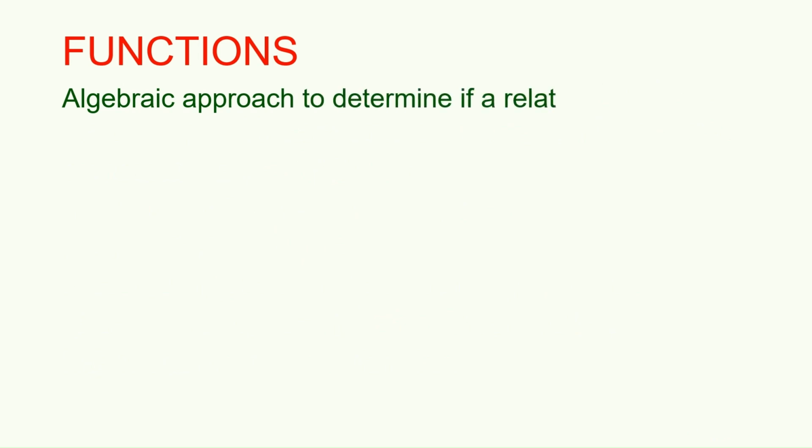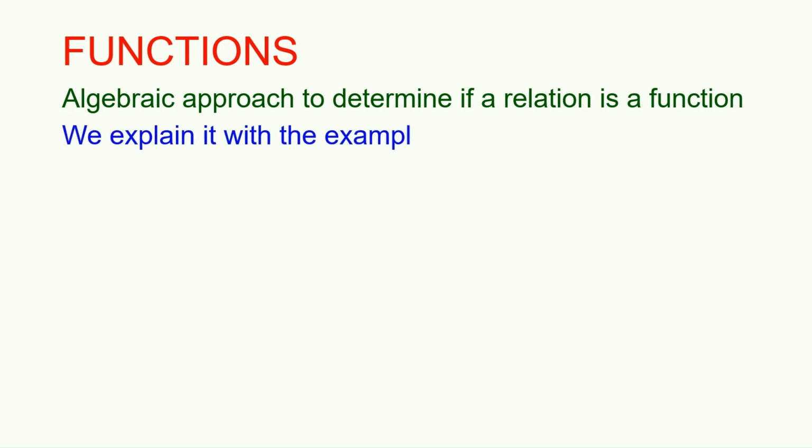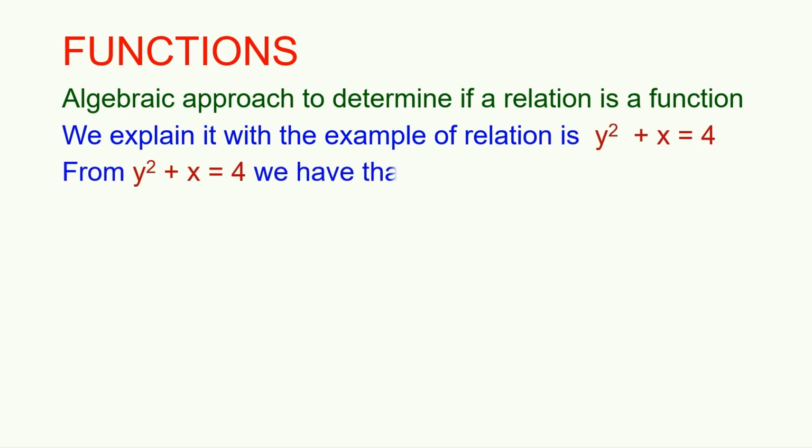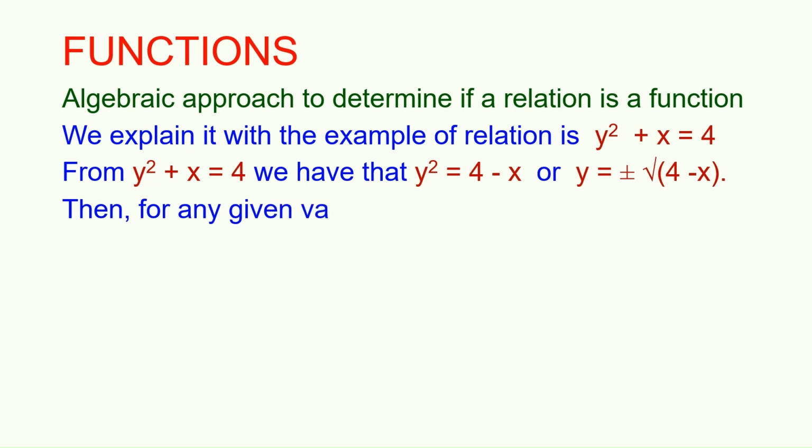Algebraic approach. We explain it with the example of the relation y squared plus x equals 4. From y squared plus x equals 4, we have y squared equals 4 minus x, or y equals plus or minus the square root of 4 minus x.